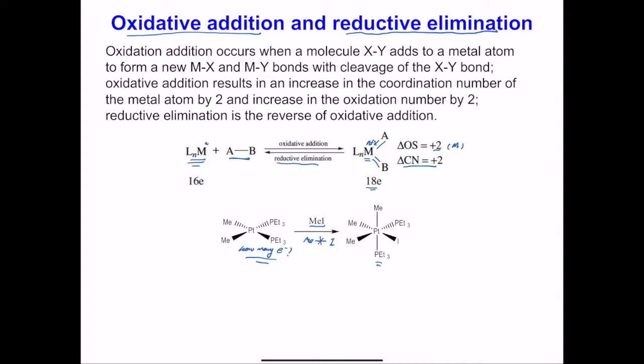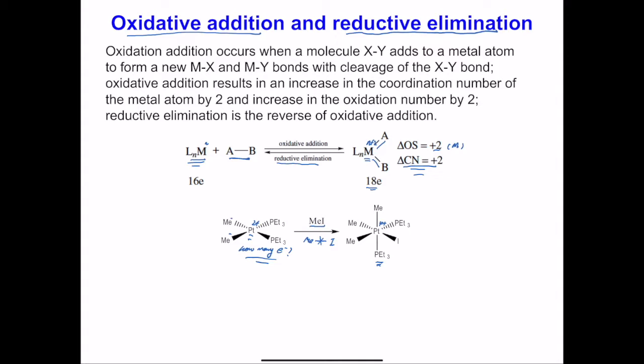Octahedral product. You start from here with 2 plus, because of the minus ligands, so your platinum is 2 plus. Then your end product here, you get 4 plus. So you can say the platinum not only increases its oxidation state by 2, it also increases the coordination number by 2.